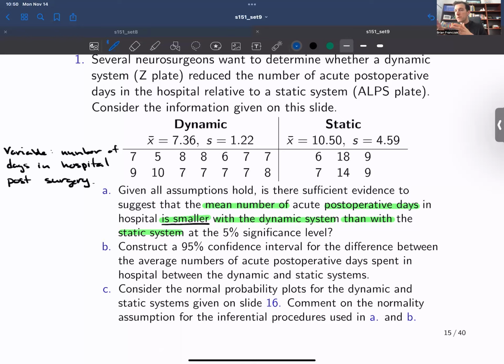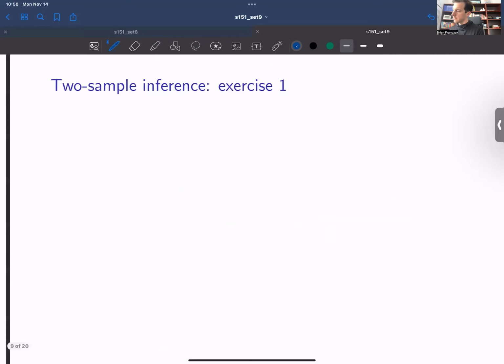But it's going to be a different set of formula, particularly on step 3, and a different set of hypotheses in step 1, compared to the one sample test we were studying before, because we're comparing two means now. So we have to be able to identify that the question is asking us to compare two means and is not just asking us a question about one mean individually. All right, so we'll work through this.